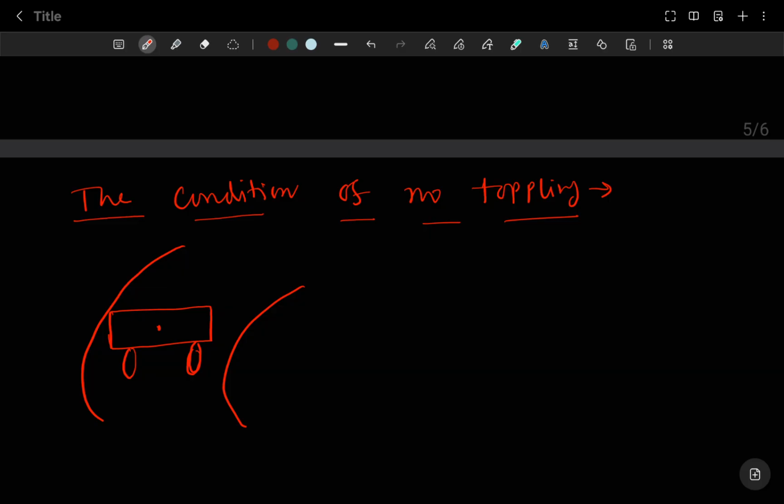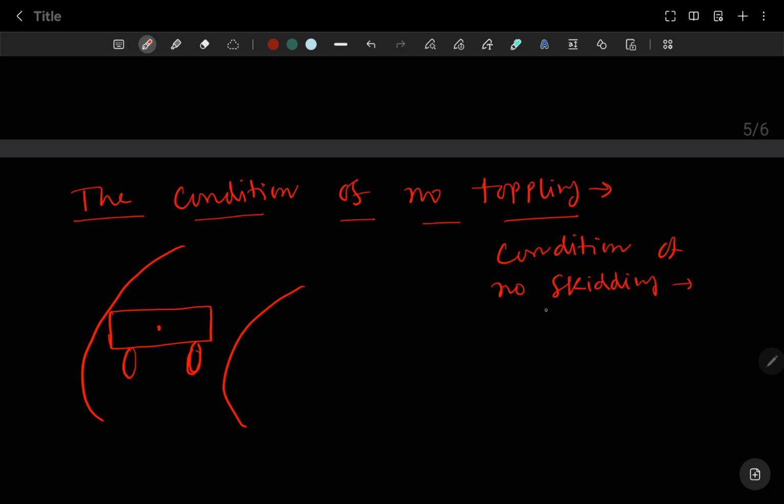See, one thing, we have already discussed the condition of no skidding, isn't it? In the chapter UCM, Uniform Circular Motion, we have already discussed the condition of no skidding.